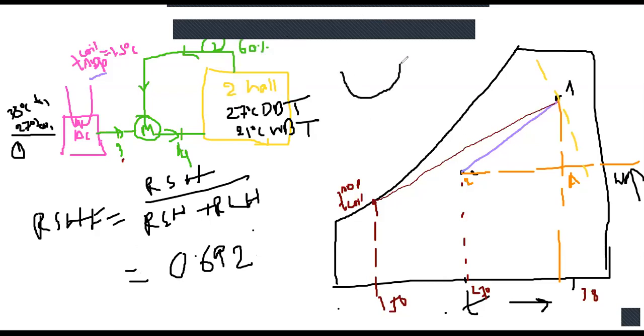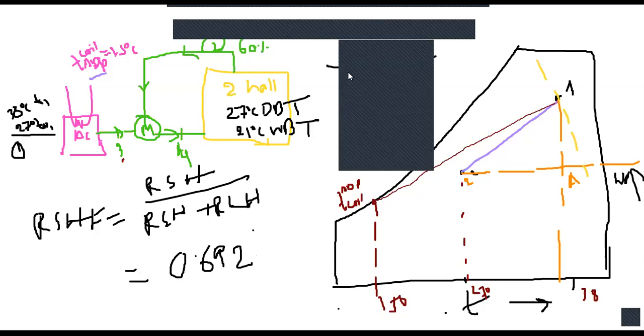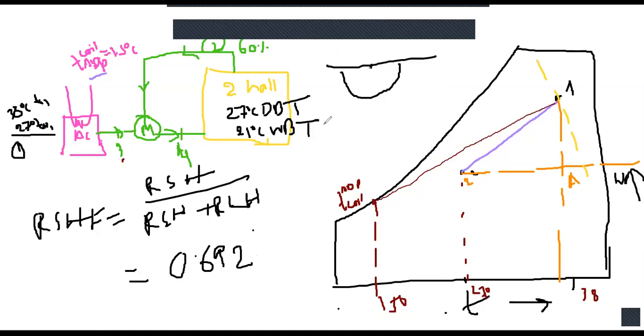Now here a protractor is available in the psychometric diagram. So please mark this point. 0.692 means that suppose this point is here, 0.692 or 0.7. Draw this, the room sensible heat factor line.